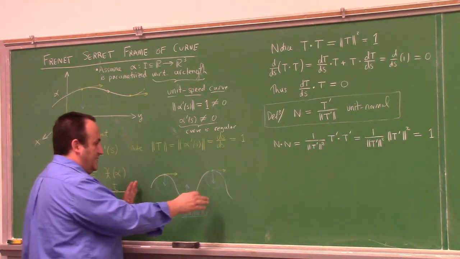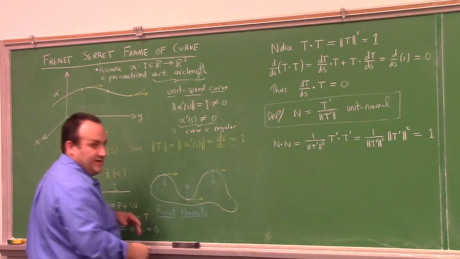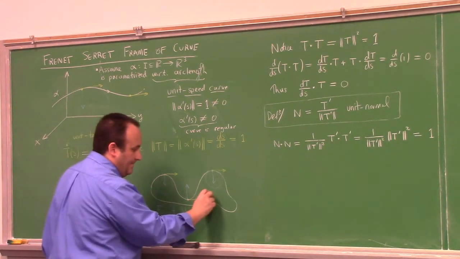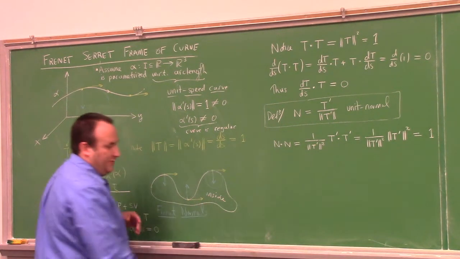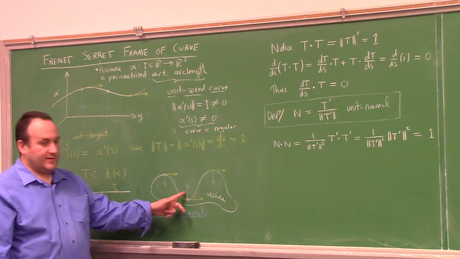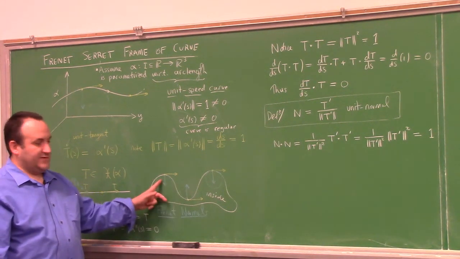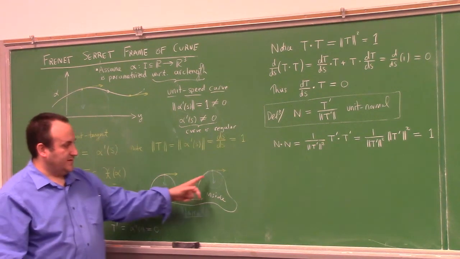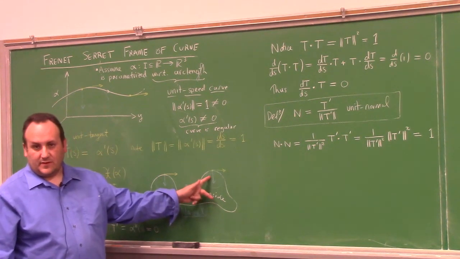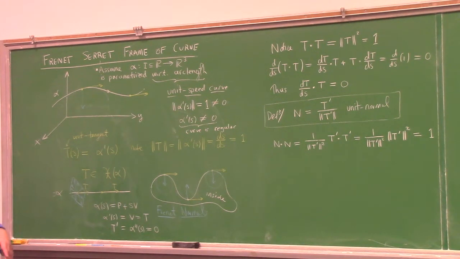Like if this curve closes like that, so this is inside, then the outward pointing normal is the Frenet normal here, but the outward pointing normal is opposite the Frenet normal at this point and also that point. I think that matters to us much later in the course when we study integrals around curves, so we'll get back to it there.